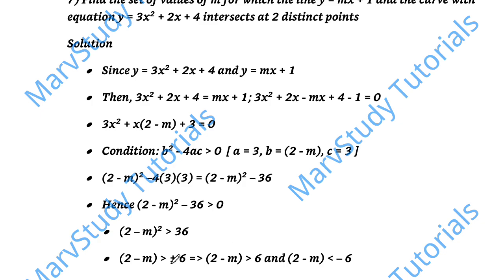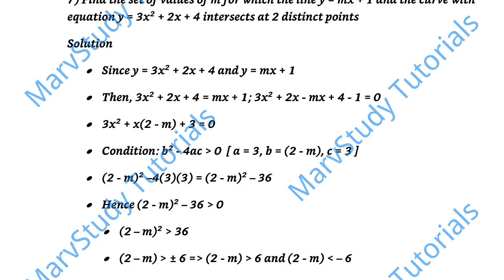But if we should have said 2 minus m greater than negative 6, numbers greater than negative 6 are negative 5, negative 4, and negative 5 squared is 25. Negative 4 squared is 16, which is less than 36. But 2 minus m greater than 6 is accepted because numbers greater than 6 are 7, 8, 9, and all of them, when they are squared, are above 36. So those are the two conditions.